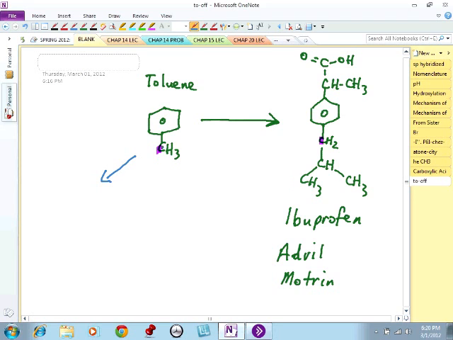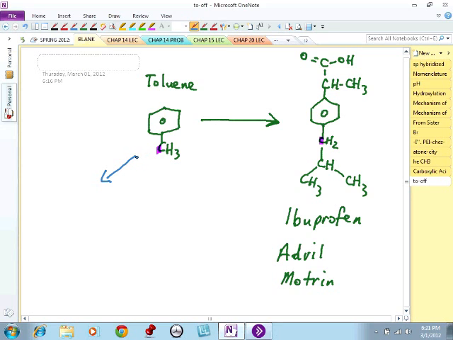The first thing we need to do, we want to functionalize this carbon. We would like to functionalize this carbon. Okay? Yes. And then you want to make a new carbon. Yes, excellent. We want to make a new carbon-carbon bond. So I'm thinking of like a Gilman reagent or Grignard reactions, those kind of things, right?